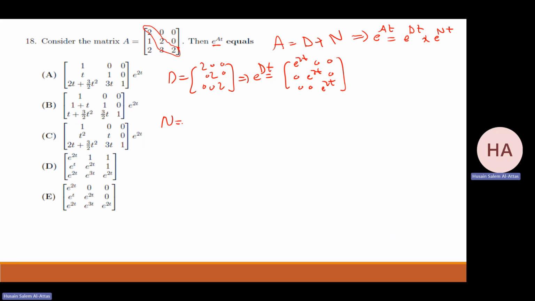Now for the nilpotent, N is what? 0, 0, 0, 1, 0, 0, 2, 3, 0. That will be my N. Very clear, A equals D plus N. If you add them, you will get A. So N squared will be 0, 0, 0, 1, 0, 0, 2, 3, 0 times itself.